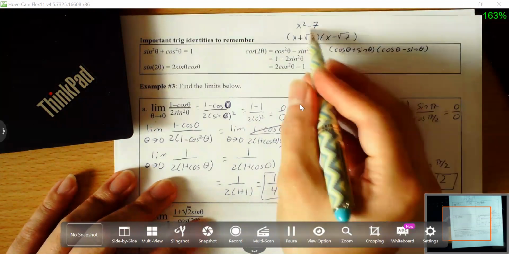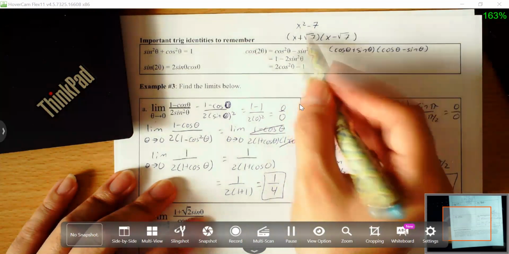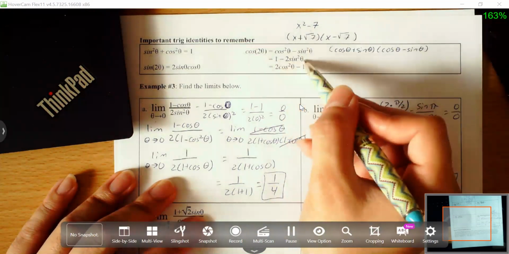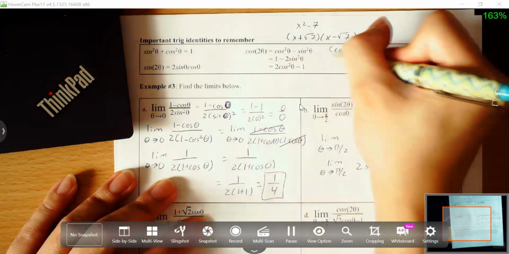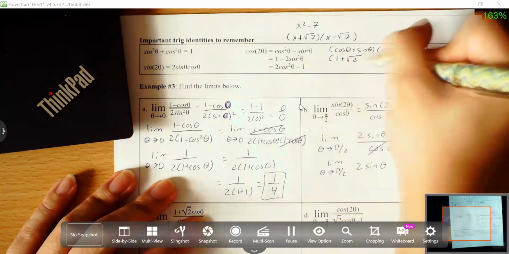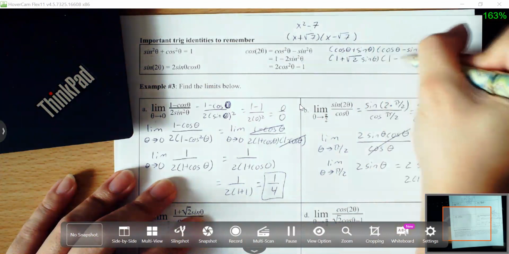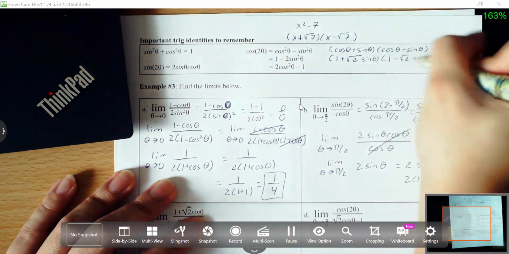This works because root 7 times root 7 is 7. So here, I could break this down into 1 plus root 2 sine theta and 1 minus root 2 sine theta.